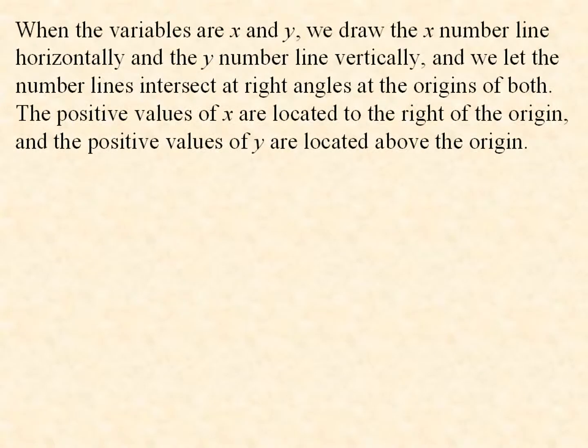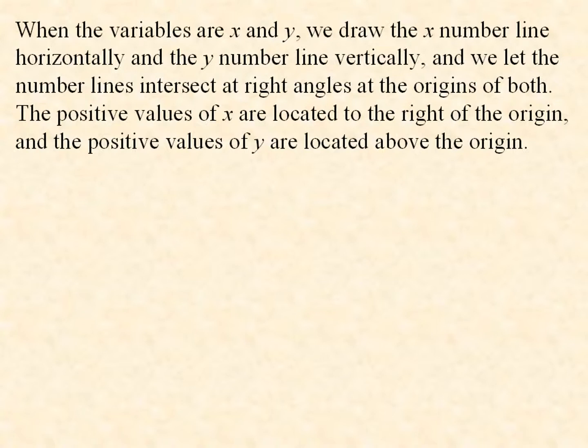When the variables are x and y, we draw the x number line horizontally and the y number line vertically, and we let the number lines intersect at right angles at the origins of both. The positive values of x are located to the right of the origin, and the positive values of y are located above the origin.